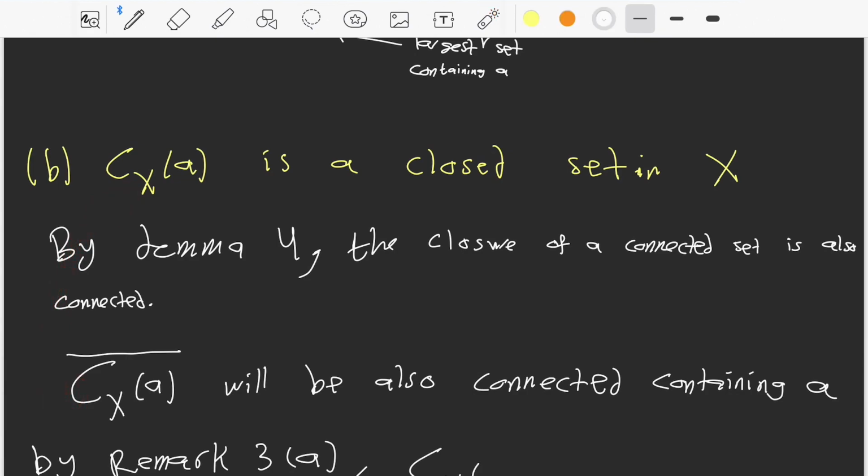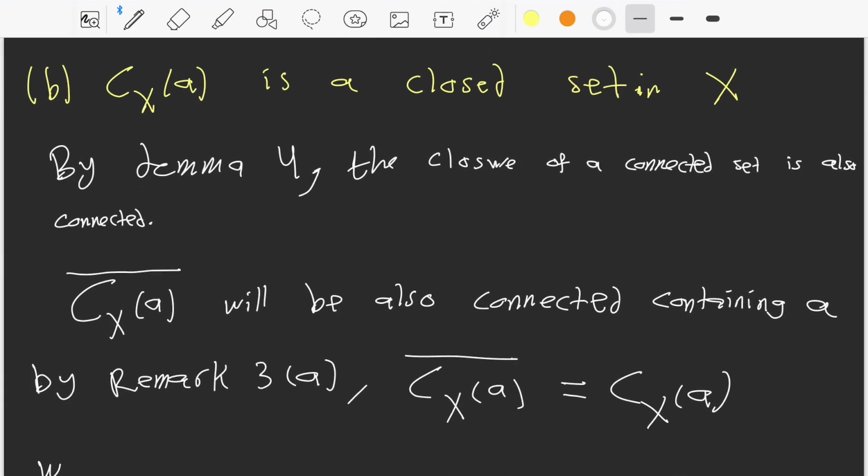So the closure of C_X of A must equal C_X of A, which means that the connected component C_X of A is closed. And that's the proof for this remark.